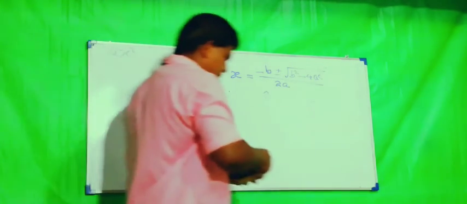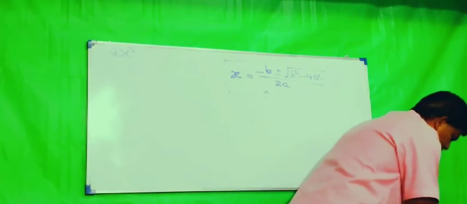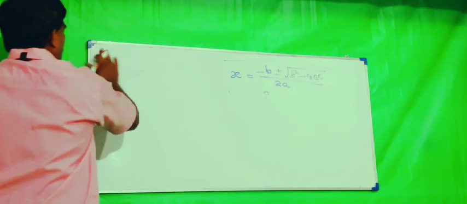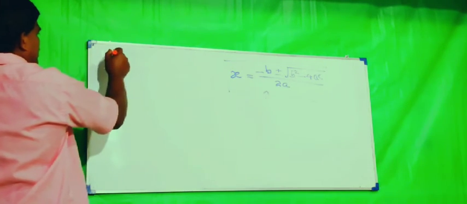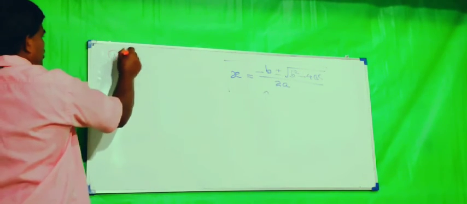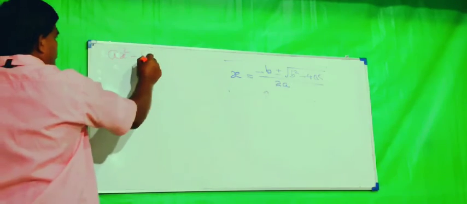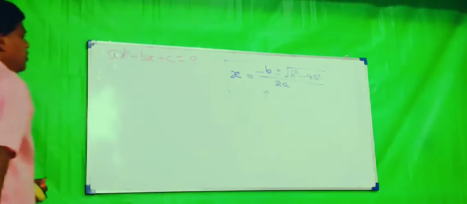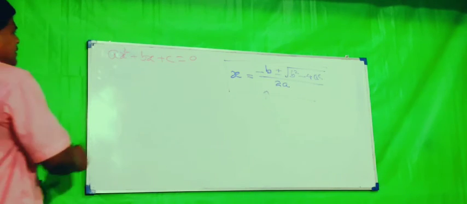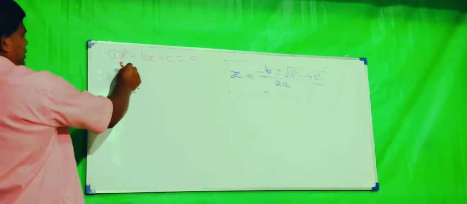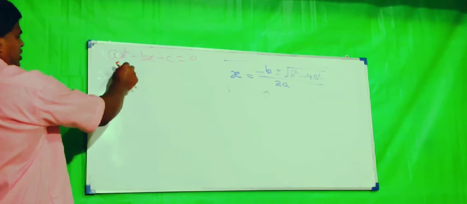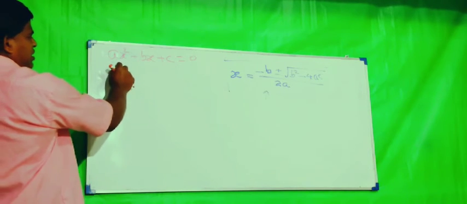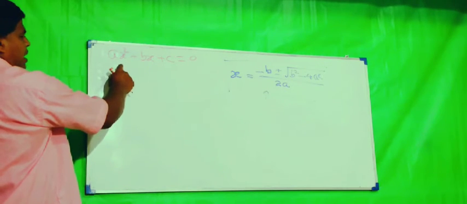Ax squared, so I just write again ax squared plus bx plus c equals 0. Then let's try to convert this into a complete square.